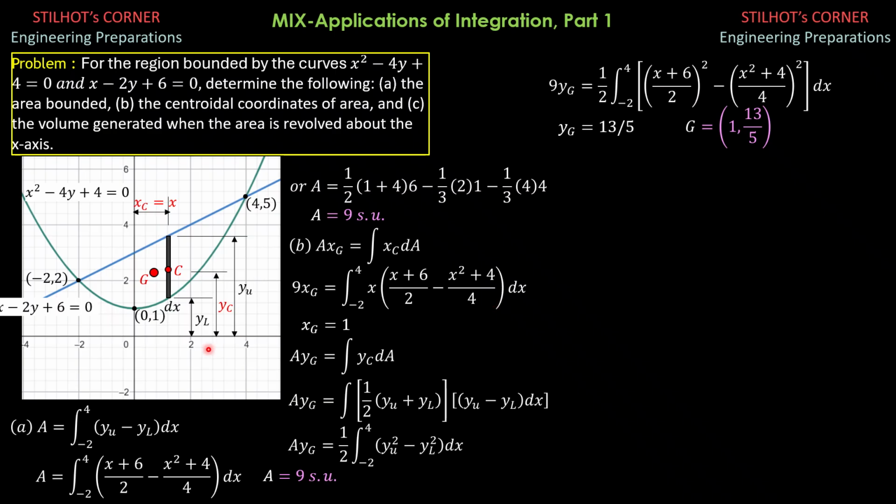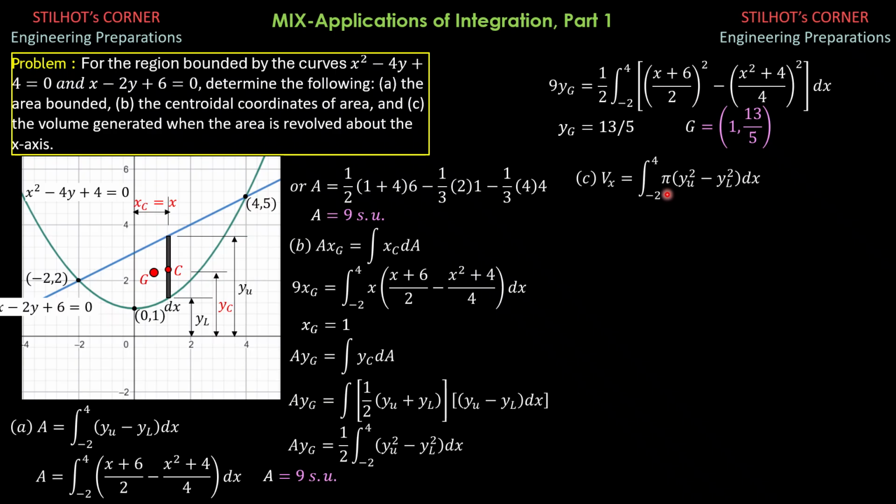Finally, for the volume generated when this strip is revolved about the x-axis, it will generate a disk or washer. Then the differential volume of the washer is, of course, the area of the big circle minus the area of the small circle times the thickness, which is dx. So v sub x is pi times the integral of big radius squared, which is upper y squared, minus small radius squared, lower y squared, dx.